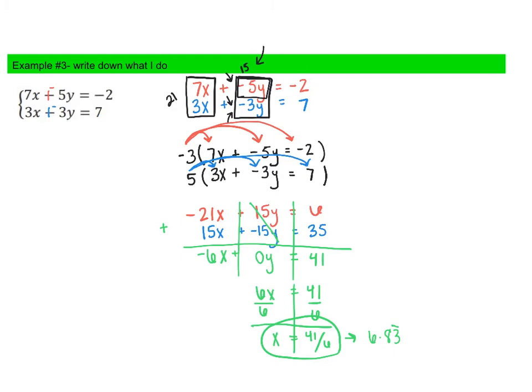And now that I have my x, I'm going to plug in that x and find my y. Now I think that this equation up here is easier to plug into because the numbers are smaller. So I'm going to change this x to what I actually got for x, which was 6.83.